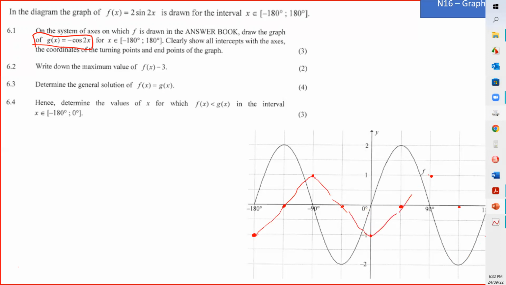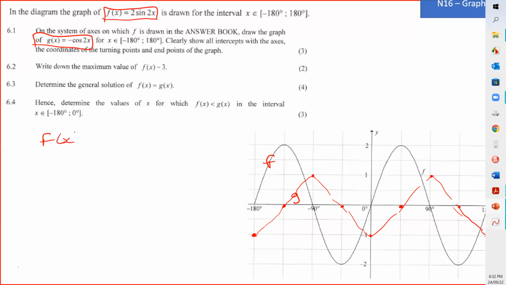You can either use your table, or you can actually draw that. Okay. So the next question is, write down the maximum value. So just remember what graph we drew. This is our G graph, and that's our F graph. So write down the maximum value of f of x. There's our f of x.